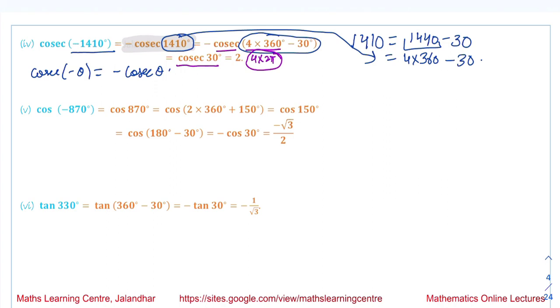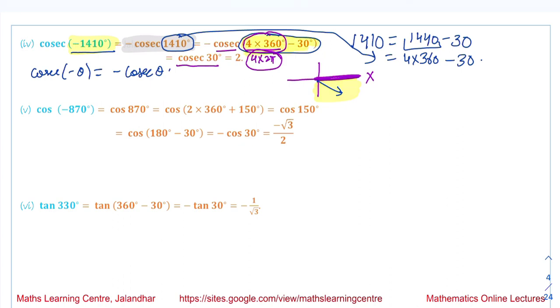Why is it so? 4 into 360 means we are talking about this angle lying on the positive x-axis, and minus 30 degrees means that this whole angle 1410 will lie over here.